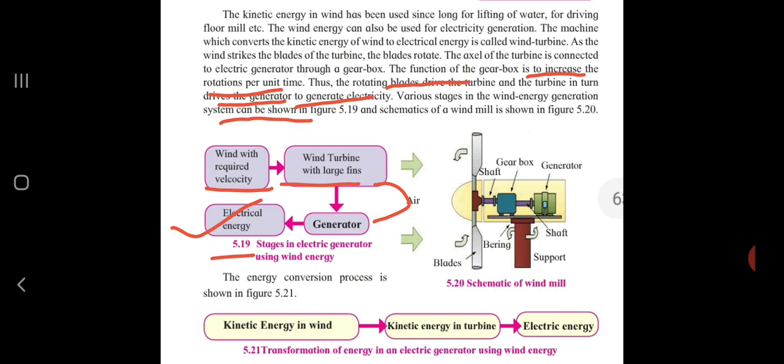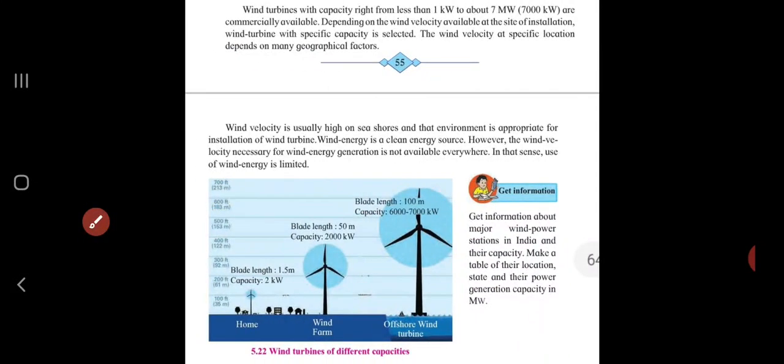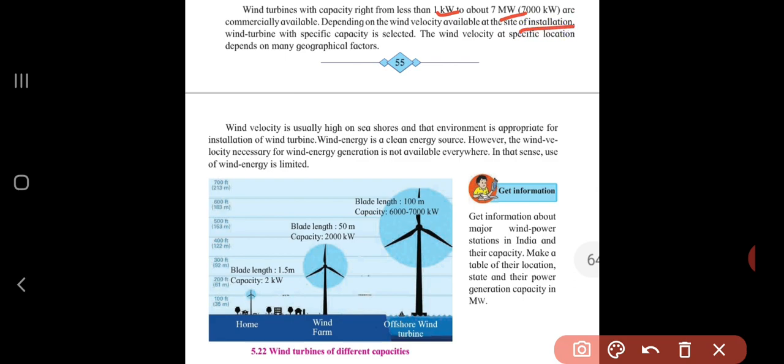So this is how wind energy converts into kinetic energy, and that kinetic energy generates electricity. So wind turbines with capacity right from less than 1 kilowatt to 7 megawatt are commercially available. Depending on the wind velocity available at the site of installation, wind turbine with specific capacity is selected.